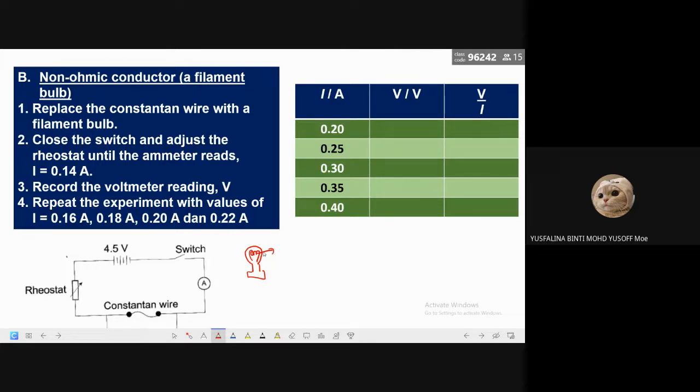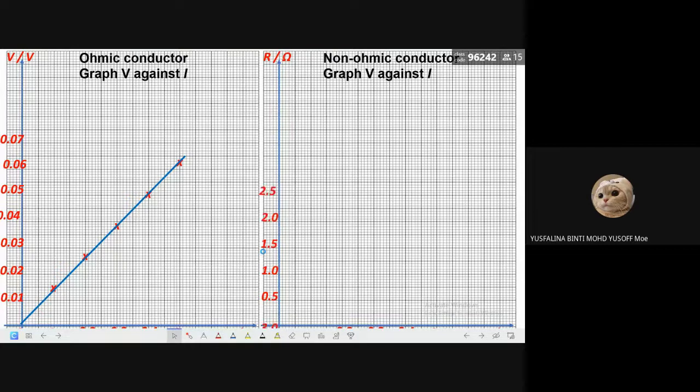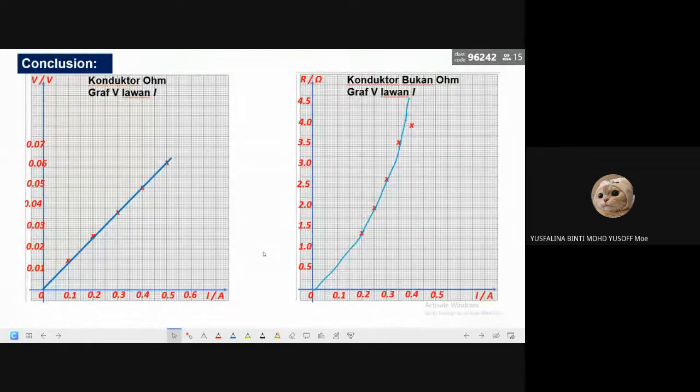Now for the filament bulb, you can see in the reading here that the resistance is increased. When you plot a graph here, there are two types of graph, V against I. You can see the difference between the graphs.